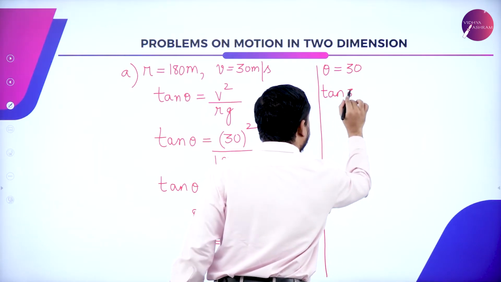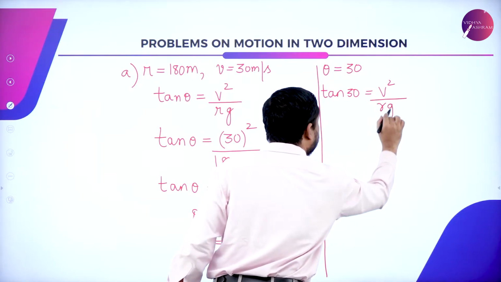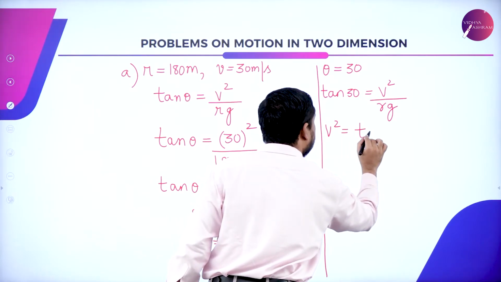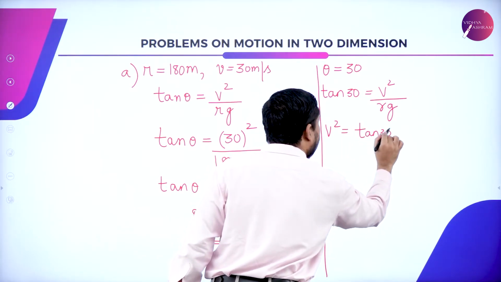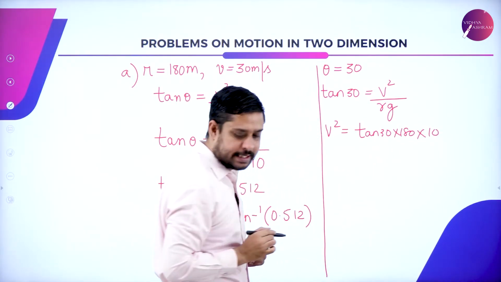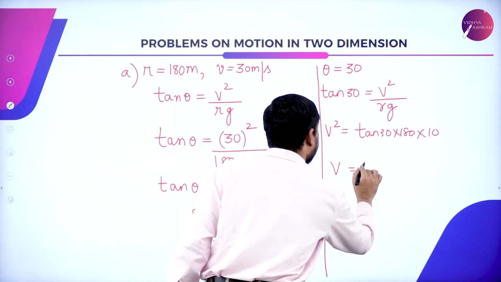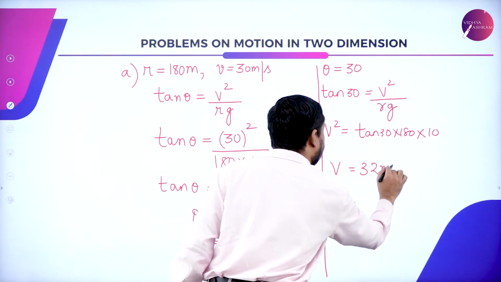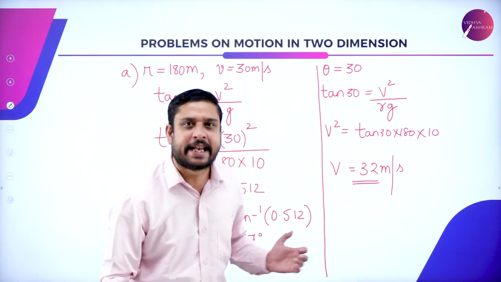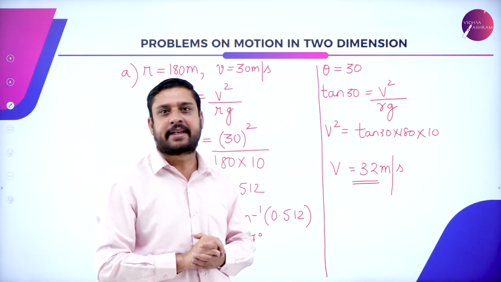So, tan 30 is V square by RG, or V square is tan 30 into 180 into 10. On simplification, V turns out to be 32 meter per second. So a very interesting problem solved on angle of banking.